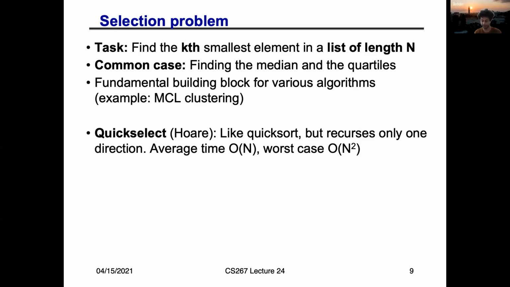That's really quicksort. And quickselect is very similar. Instead of recursing in both directions, because I only want to find the kth element as opposed to getting a sorted output, I only need to recurse on the side where the element that I'm looking for lies. So simply, I'm just recursing in one direction.